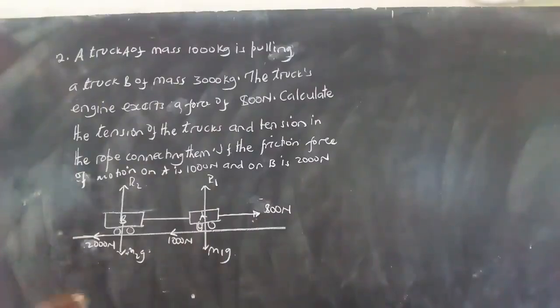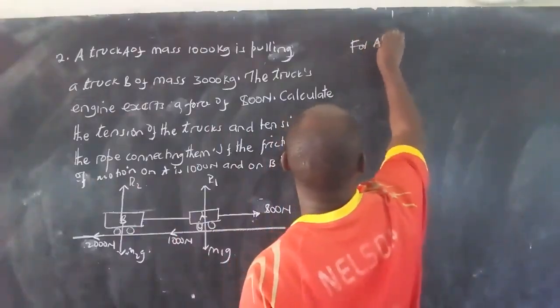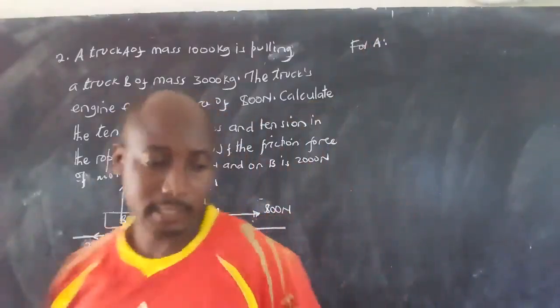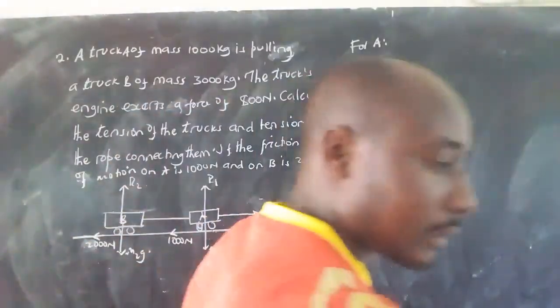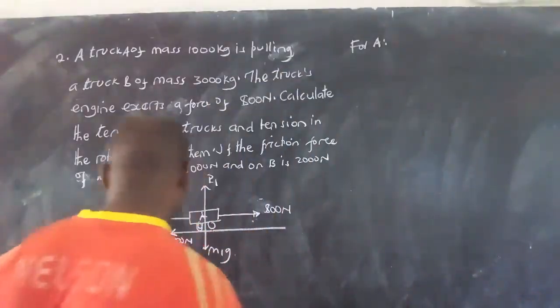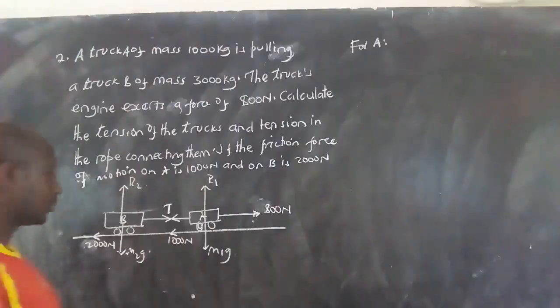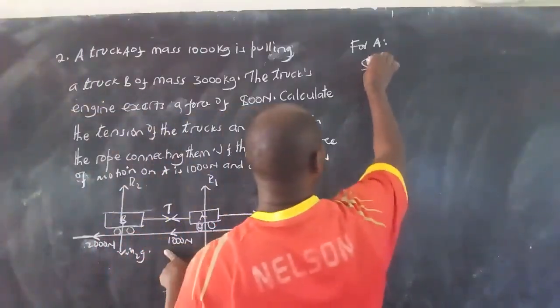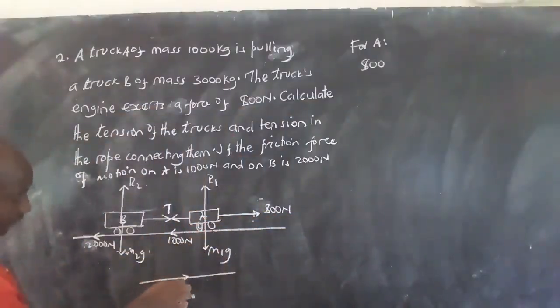So we shall now say case 1 for A. When you look at A, since A is moving forward, we shall say the tension. Here there is tension. It's one rope, right? So it means that 800. The direction of the motion is like this. The acceleration is like that.